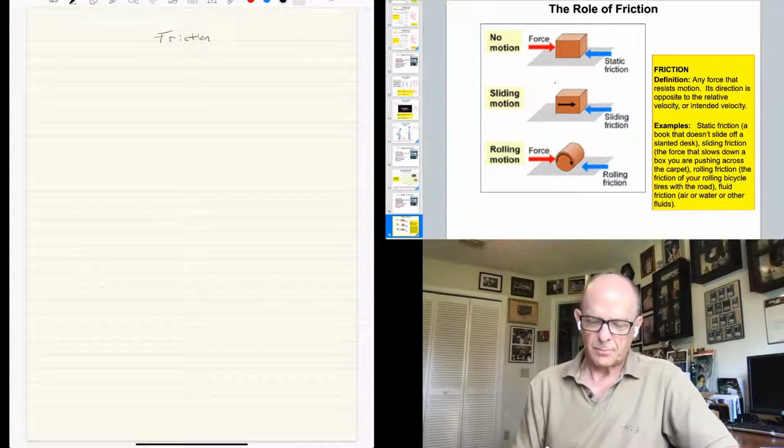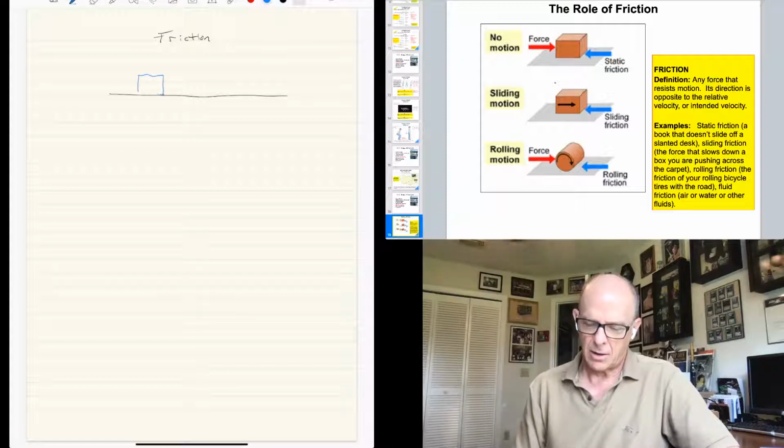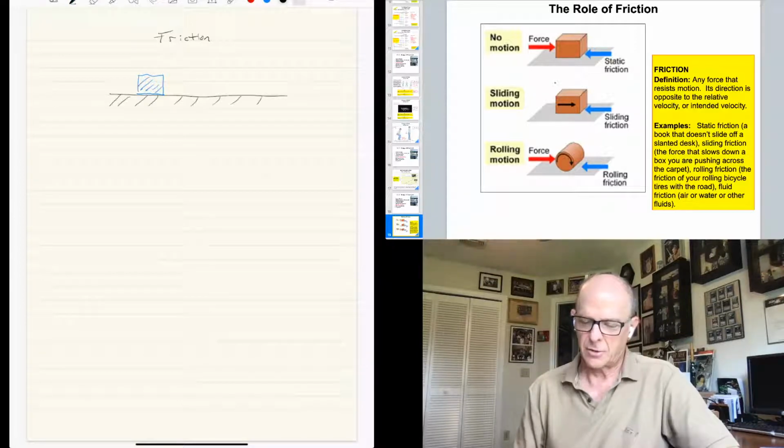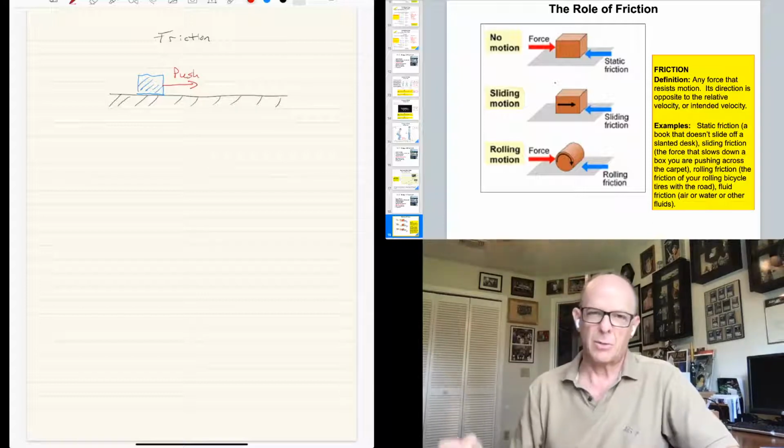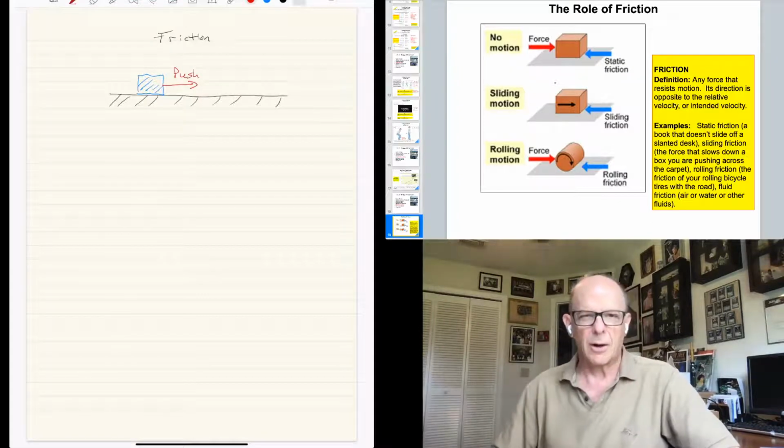And so if we just imagine a block on the surface of a table, and I'm just playing with my iPad's drawing abilities here, and I give this block a push so that it starts sliding to the right across the table, and you can do this on your own.